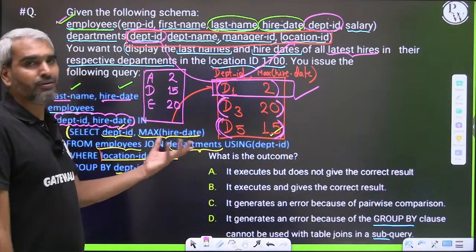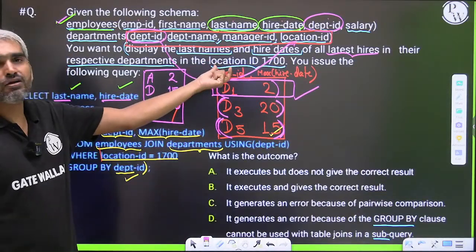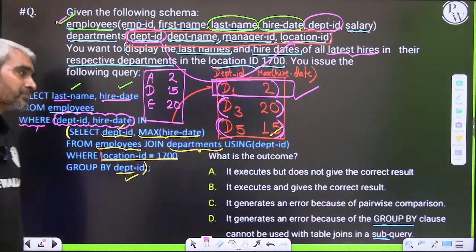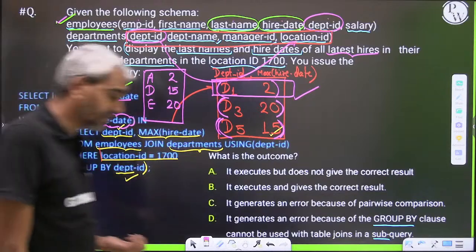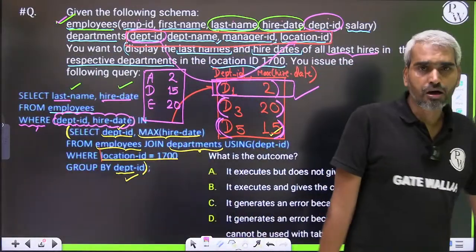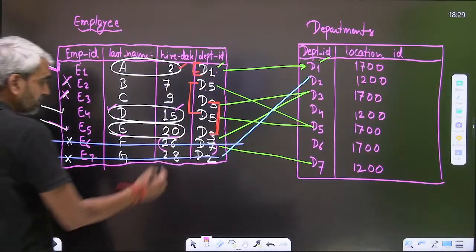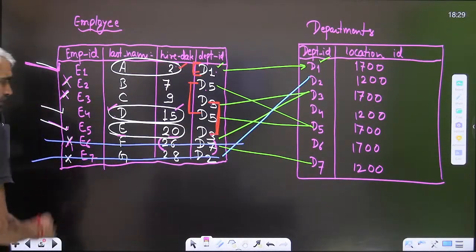The department ID of a department not from location 1700 cannot be in the output of the inner subquery. Therefore, D7 comma 26 is not in the set, the condition is false, and it does not get selected.